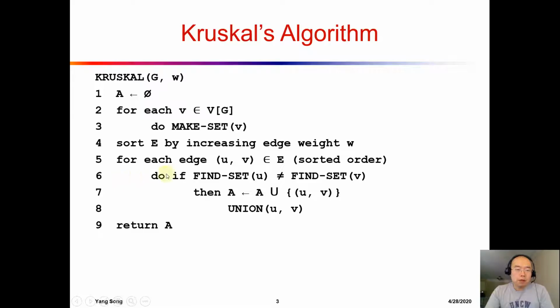And the next part, for each of the edges from U to V, I'm going to visit all the edges in the sorted order, and then I want to do a find set of U, find set of V, and if I find that U and V belong to two different sets, then I'm going to just union A with the edge U and V, and then update that to A. So what it does is I'm taking UV to the set A, and then I also union the vertex U and the vertex V. Okay, so eventually I'm returning A, and A will be a set of all the edges.